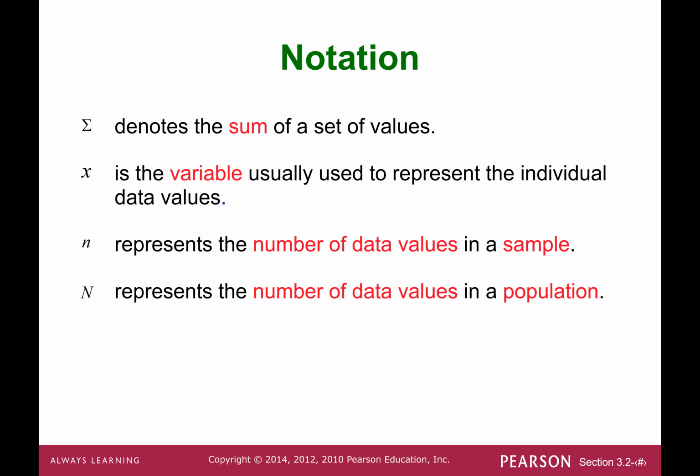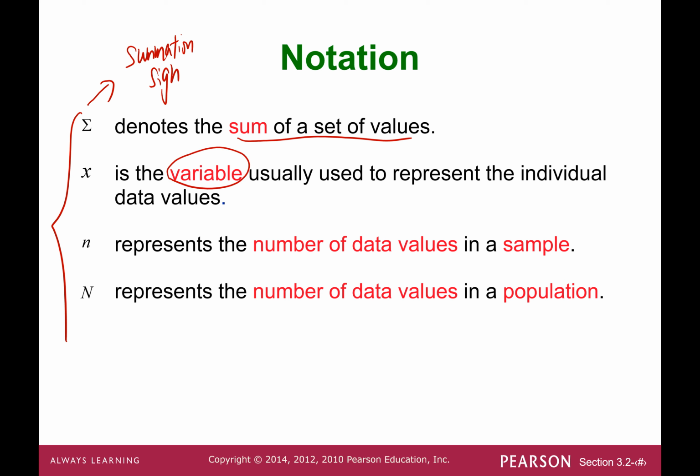Now let's look at some important notations. The first notation is the summation sign. The summation sign indicates sum up all the data values, or find the sum of all the data values in your data set. x represents each individual variable, or each individual data value.